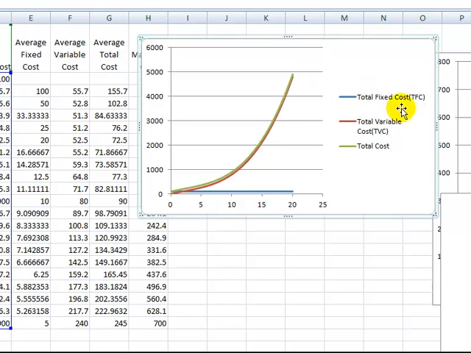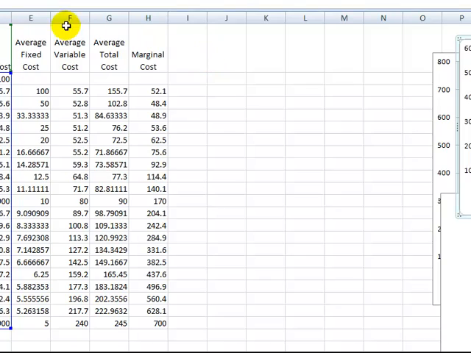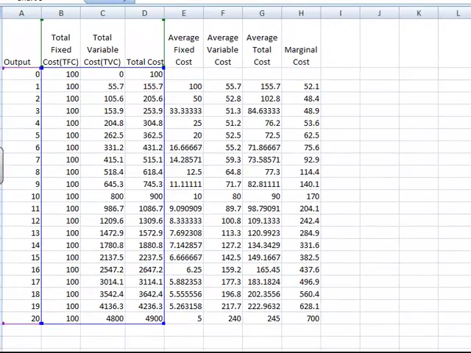Okay. Total cost, total variable cost, and total fixed cost. Because the total fixed cost is a very small number, the difference between the total cost and total variable cost is very small.